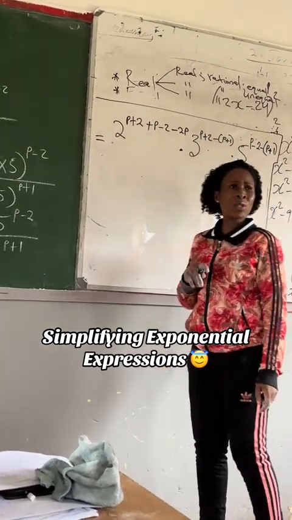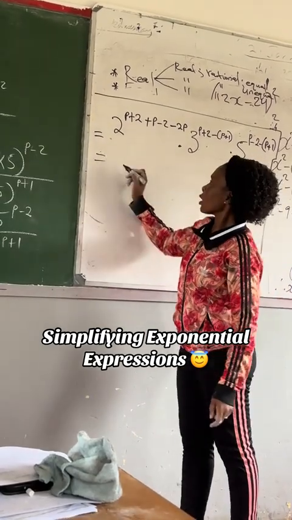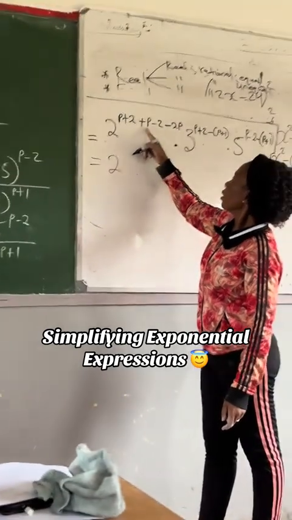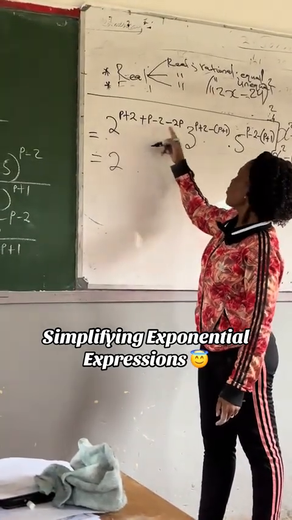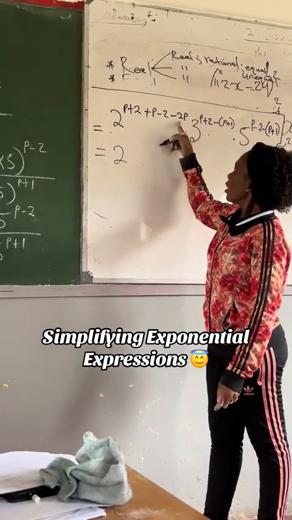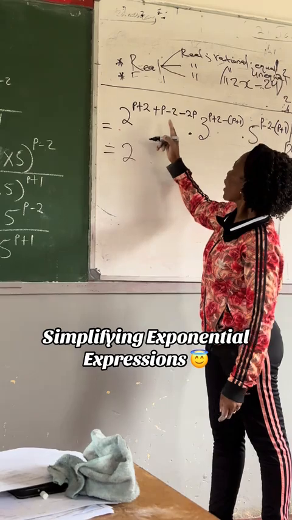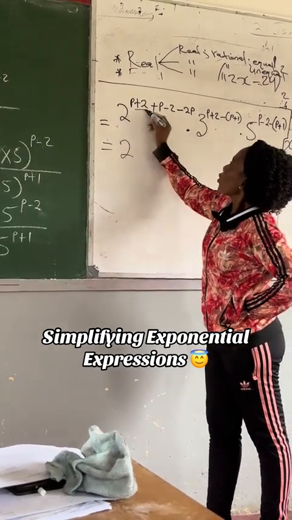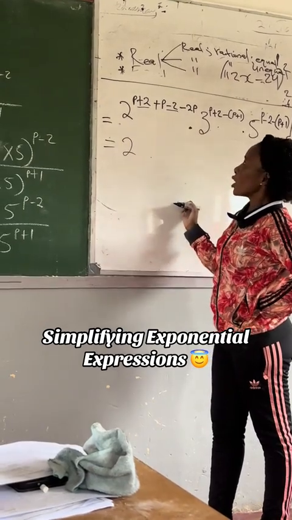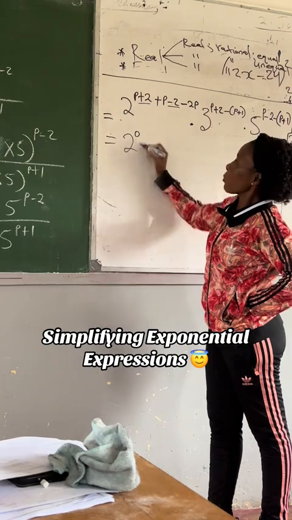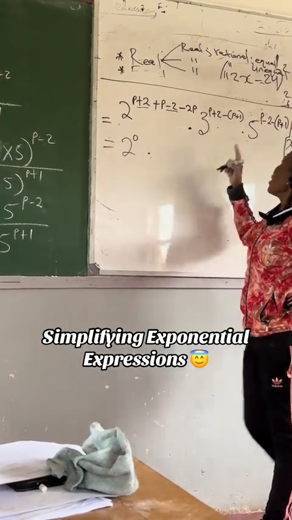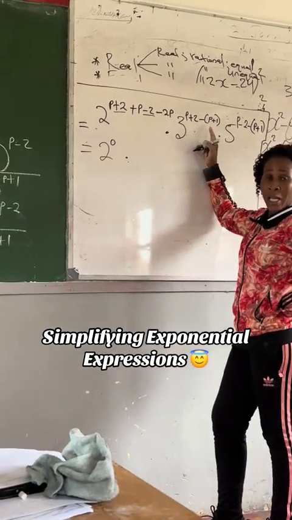And then like terms in the exponent. P plus P, 2P minus 2P, 0. For that, I'm left with 2 to the exponent 2 minus 2, which is also 0. So any number to the power 0 is 1. Are we fine? Yes. Now help me here.